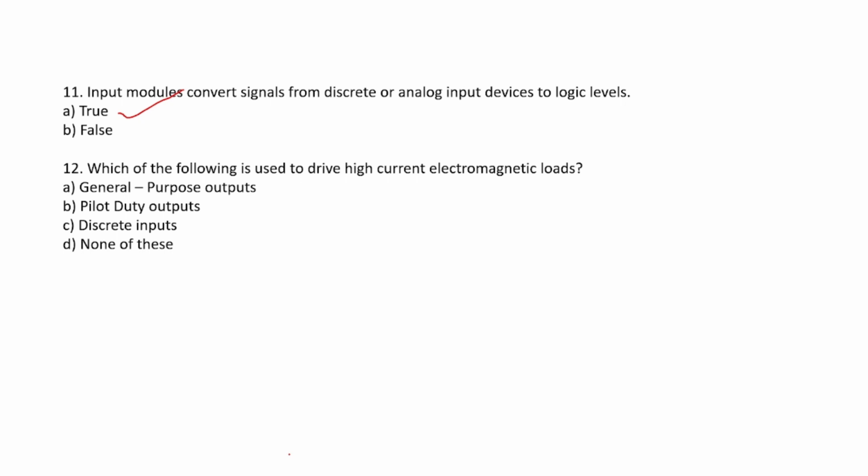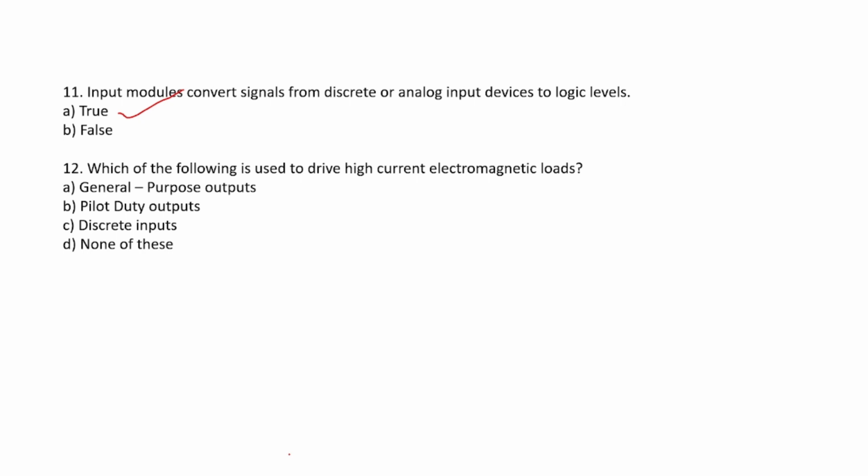Then general purpose output is usually low voltage and low current, used to drive indicating lights and other non-inductive loads. Discrete input circuits are used to sense the status of limit switches, push buttons, and other discrete sensors.